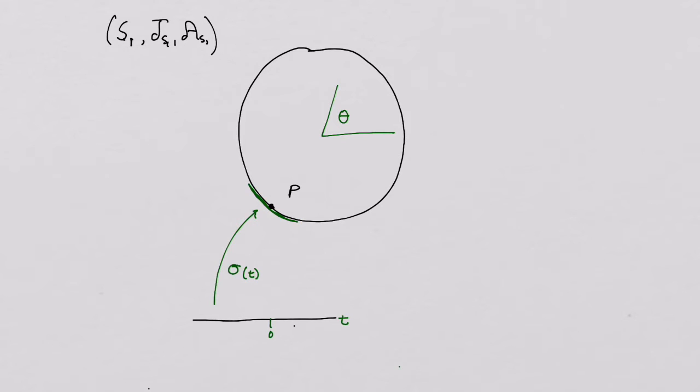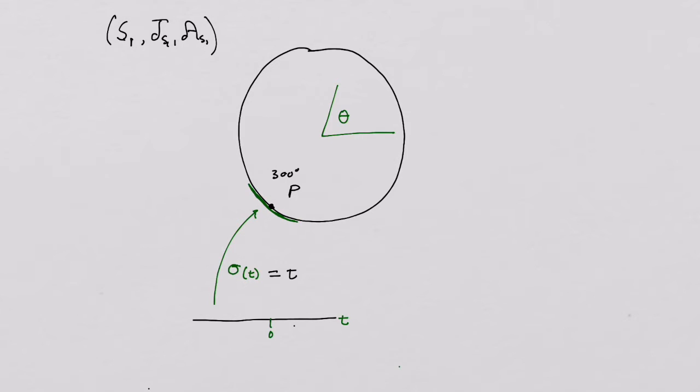If that's at 300 degrees, then this curve that goes through the circle picks out the point P such that phi of t equals t.